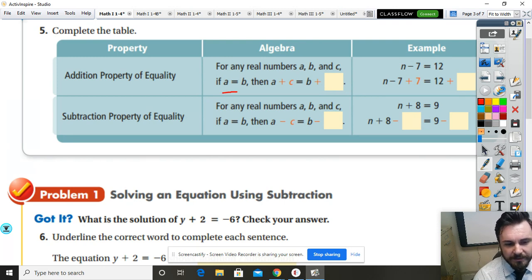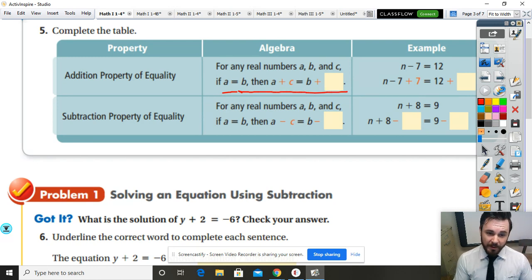If I wanted to get this age-old thing, what we do to one side, we have to do to the other.